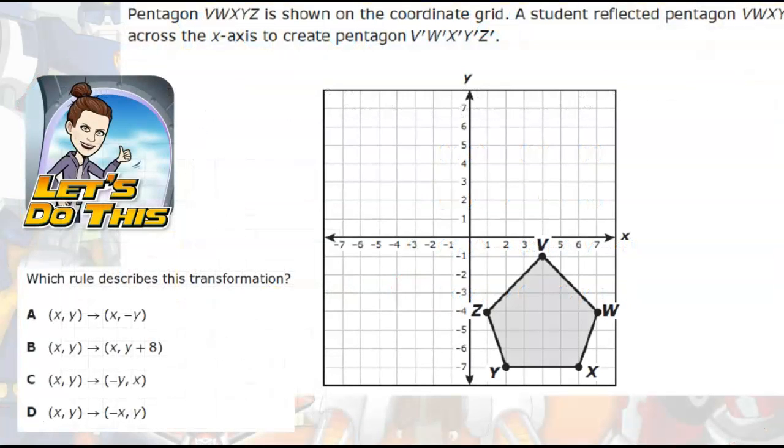All right, pentagon VWXYZ is shown on the coordinate grid. A student reflected pentagon VWXYZ across the x-axis to create V'W'X'Y'Z'. Which rule describes this transformation?